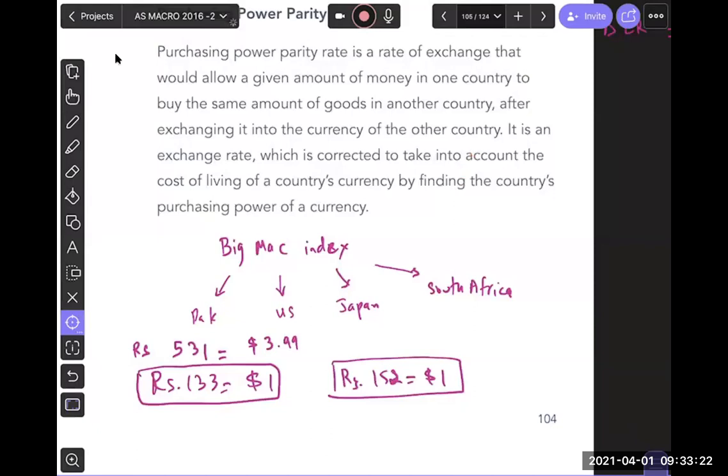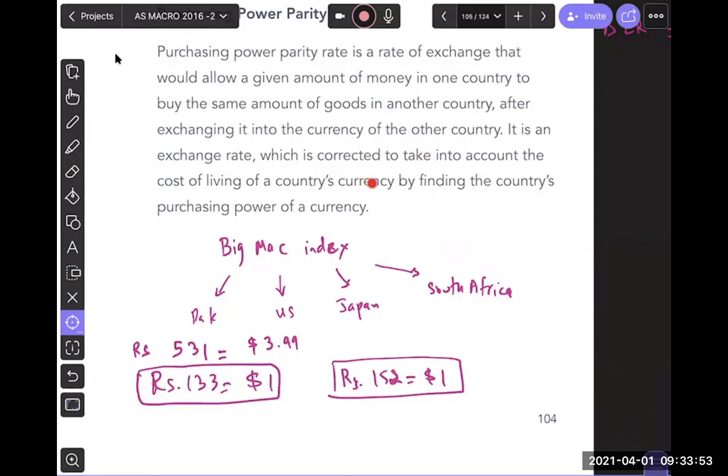Purchasing power parity rate is a rate of exchange that will allow a given amount of money in one country to buy the same amount of goods in another country after exchanging it into the currency of the other country. So if you have 133 rupees, roughly, and you go to the US, that will give you $1 worth of goods. Make sense?